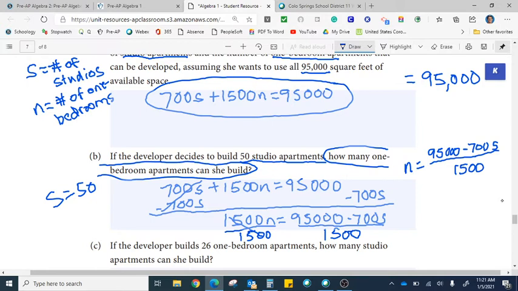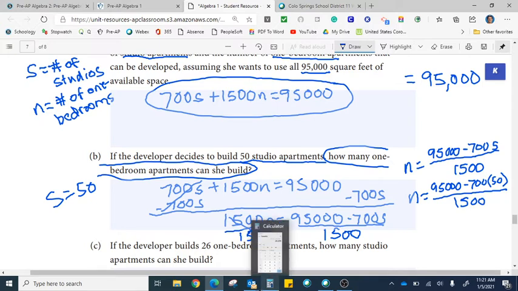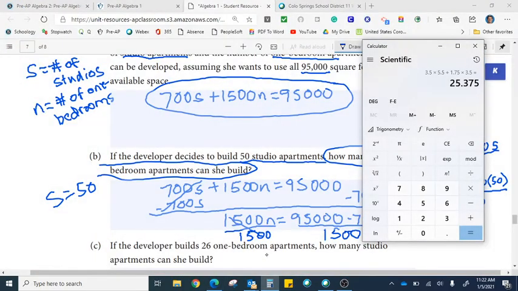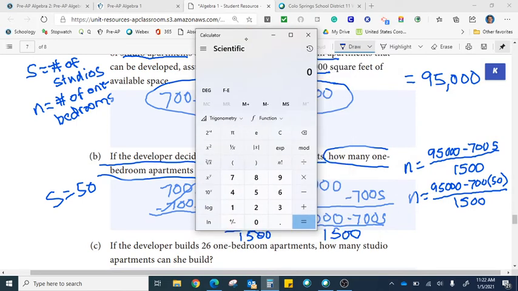Okay? So to solve for n, 95,000 minus 700 times 50, divided by 1,500. So I take out my calculator and clear this thing out, and let's see if we can work this out in one step in a calculator.